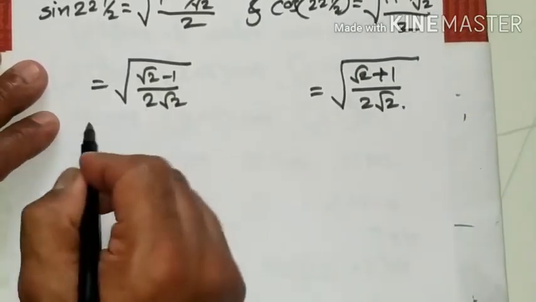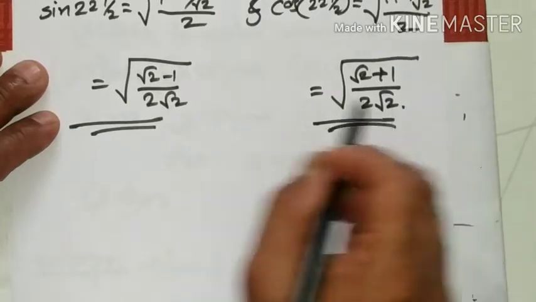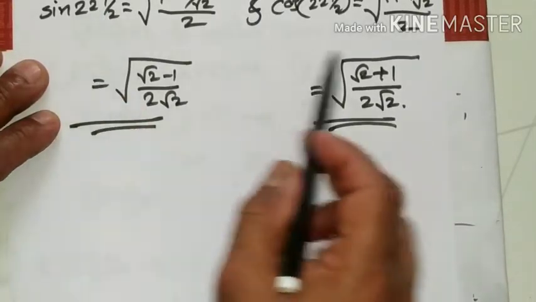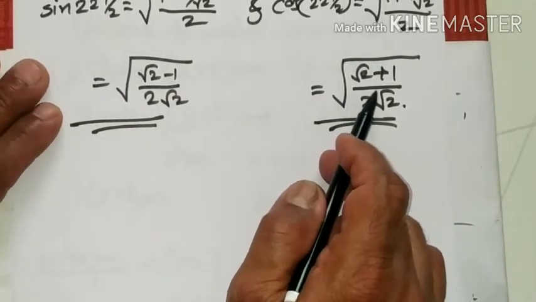These are the values of sin 22 and half and cos 22 and half.